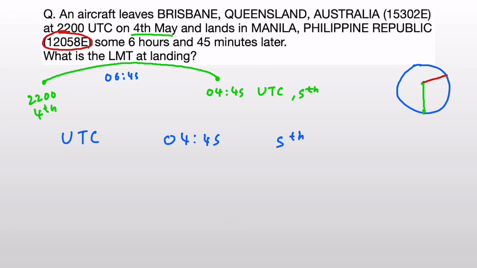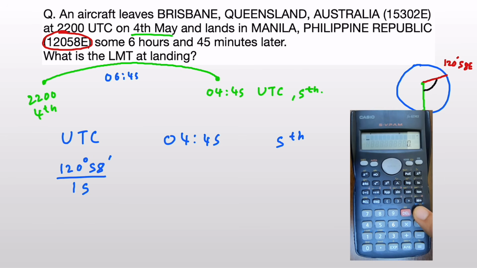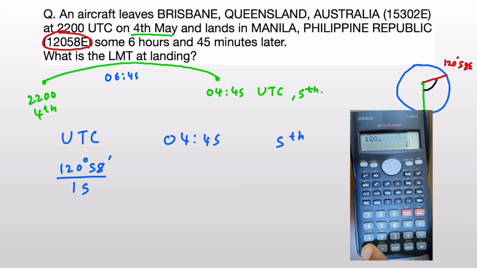So it will be somewhere here. I know the difference in longitude is 120 degrees 58 minutes. So I write 120 degrees 58 minutes. How do I find the hour angle? I divide this by 15. So on my calculator, 120°58' divided by 15. It comes out to be 8 hours 3 minutes.